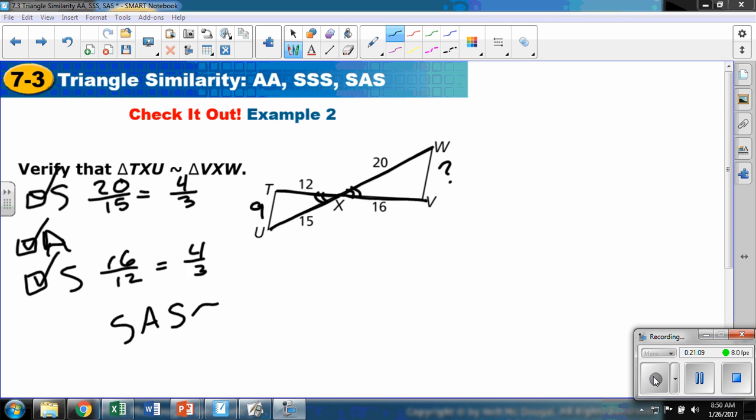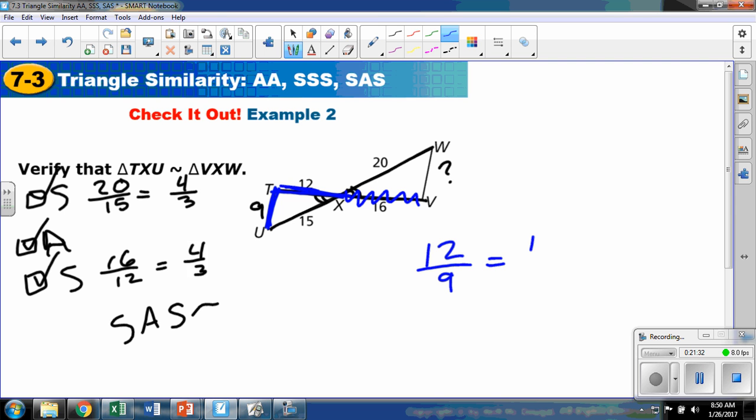Because they are similar, now I'm allowed to set up a proportion. And so I'm looking at this 12 and 9. Sorry, 12 and 9 are on the left triangle. They correspond. 12 corresponded with 16. 9 corresponded with WV.